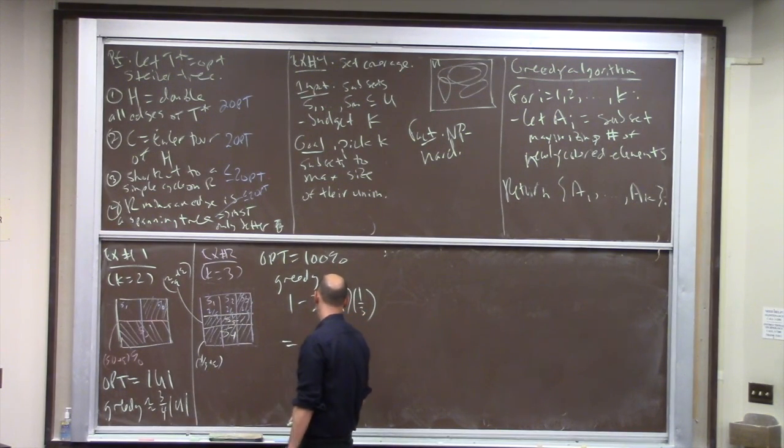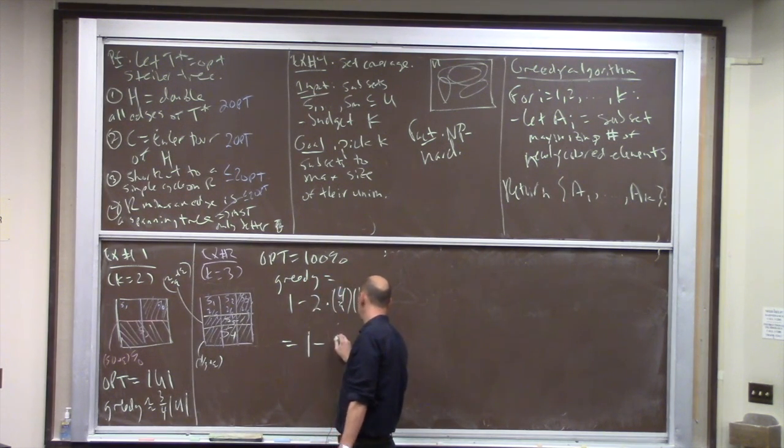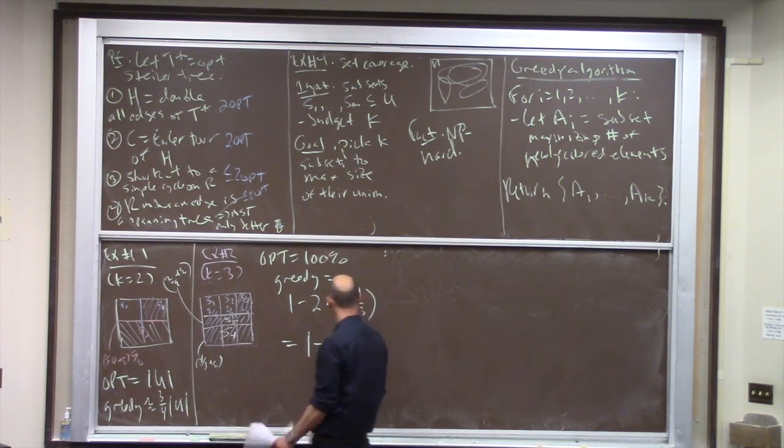So this gives us 2/27, 4/27, shoot, this is wrong. Let me think. I see, this is a 4. Sorry about that. 1 minus 8/27, which equals 19/27. Okay?